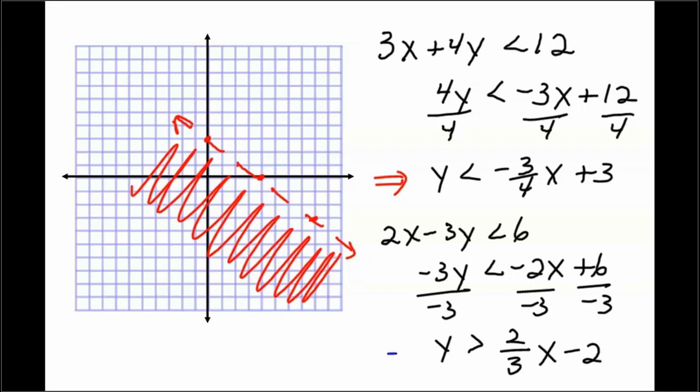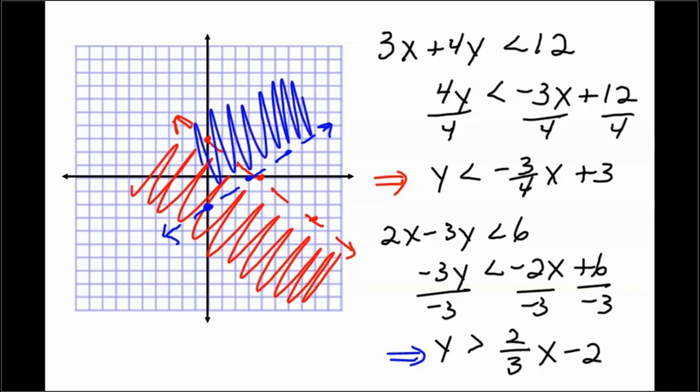So graphing this linear inequality, beginning at the y-intercept of negative 2, we move up 2 to the right 3. We're drawing a dashed line. And here y is greater than, so we're shading above the line.